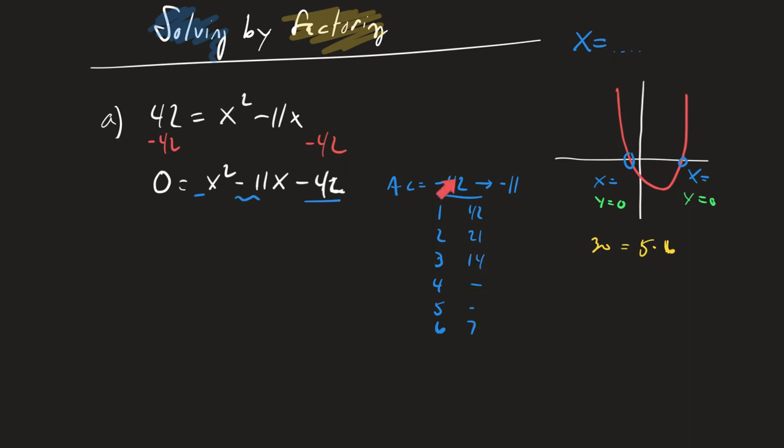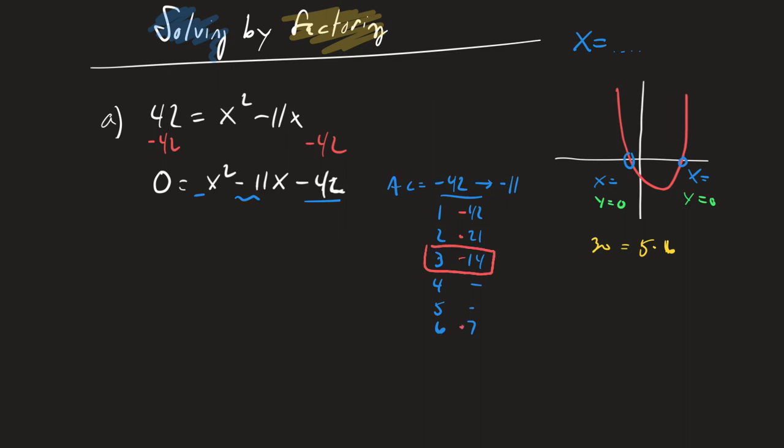If I'm going to get negative 42, one of these numbers has to be negative. And I want a negative sum, so that means the bigger number has to be negative. So 1 minus 42, negative 41, nope. 2 minus 21, negative 19, nope. 3 minus 14, oh yeah, there's negative 11. 6 minus 7 is not negative 11.